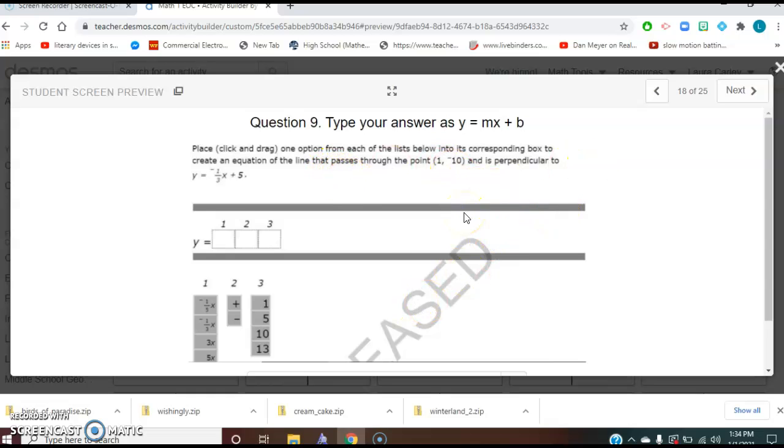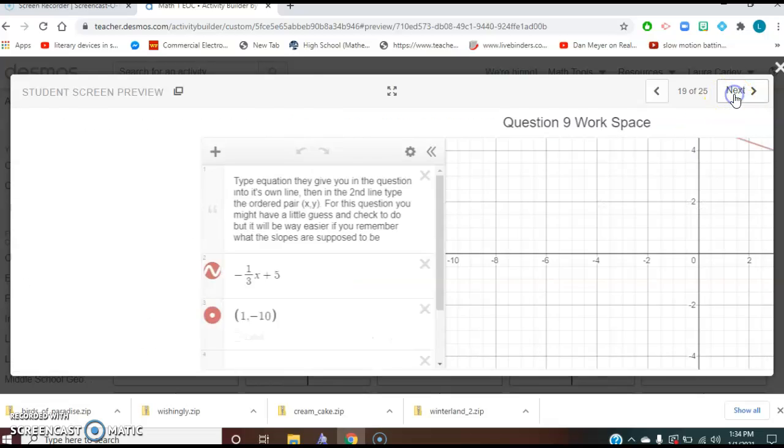So this will go faster if you remember to do the opposite reciprocal of the slope whenever you want them to be perpendicular. So I need to flip the fraction so that it's 3 over 1, and it should be positive. So I know it's going to be 3x, and that will help cut down on how much you have to guess and check.